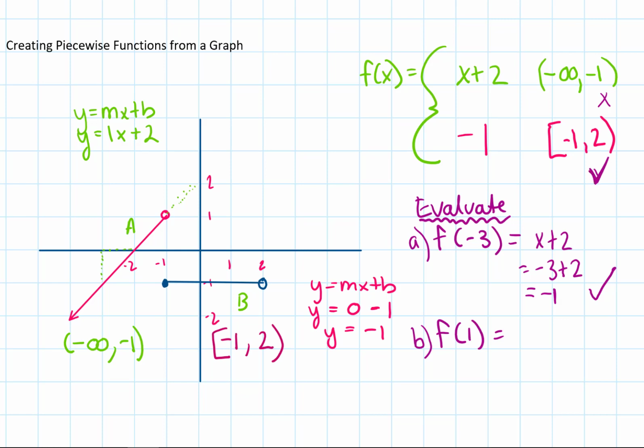Yes. Now this one's a little bit more complicated because there is no x to sub it into. So all we do is we take that negative 1 and we put it down below. What that really means is that we have a coordinate when x is equal to 1, the y value is negative 1, and that is true if we check on the graph.